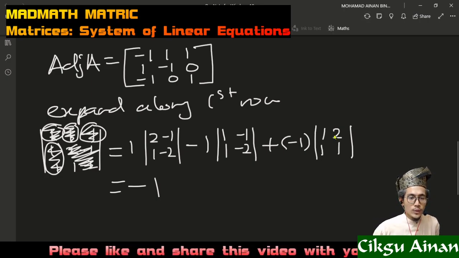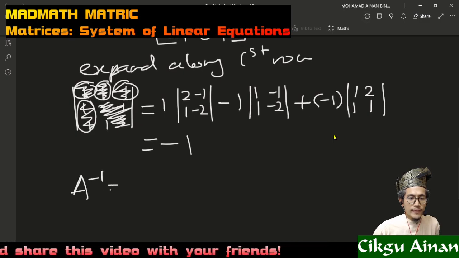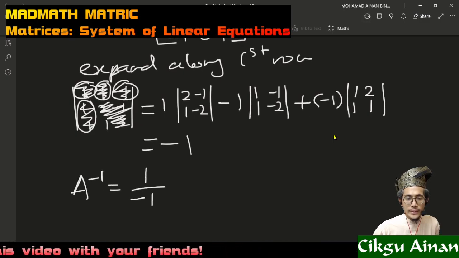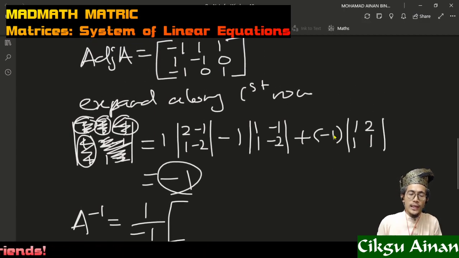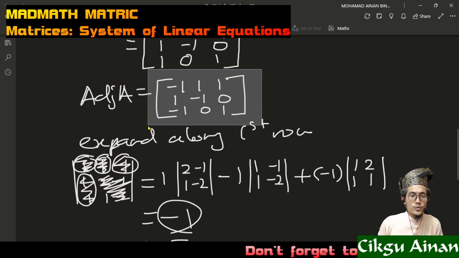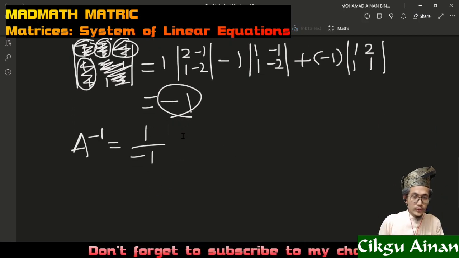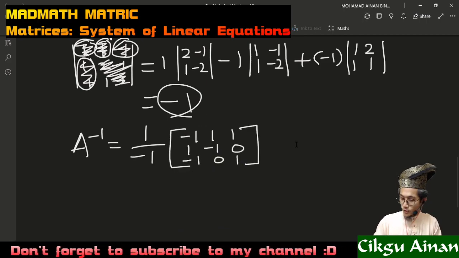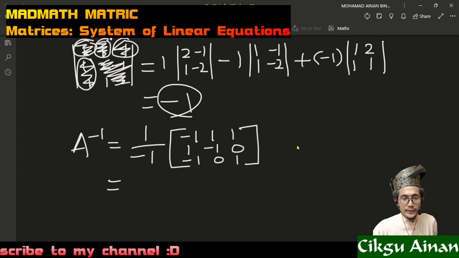Okay, and then we can get the A inverse. A inverse is 1 over the determinant, 1 over minus 1 here, multiplied with this whole lot. Just copy it. If you use OneNote, it's easy like this. So use OneNote. It can be used on a cell phone also. Okay, this one is just multiplication.